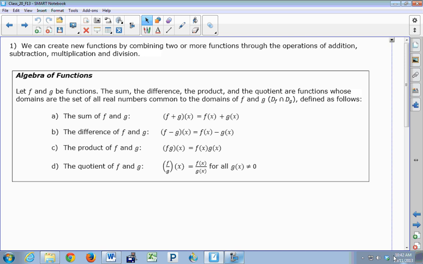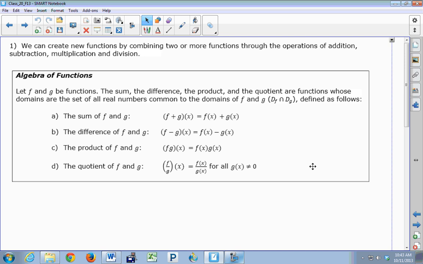Okay, so this is how we're going to write it. If we're trying to write the sum of 2 functions at a particular value, or at any x, then we put f and g in parentheses with a plus, and then we put x after it in parentheses. And we define that to be f of x plus g of x. And similarly for each of the operations that follow.